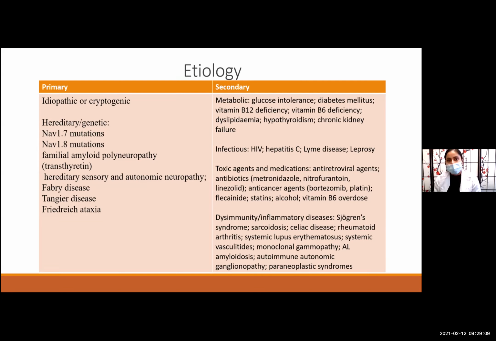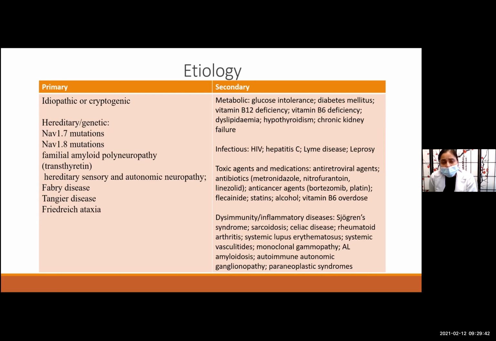So these are some of the causes that are involved in small fiber neuropathy. As you can see, it's a vast list of causes, and so we have to make sure we are really meticulous in looking out for the causes. Some are really common causes like metabolic causes, nutritional deficiencies, endocrine disorders, and toxic agents, especially alcohol.